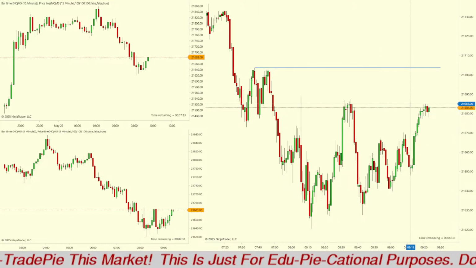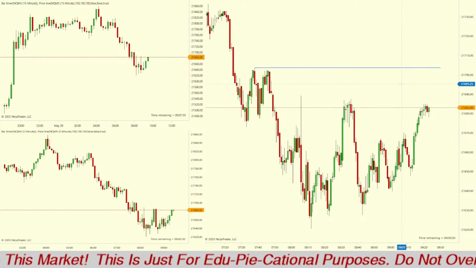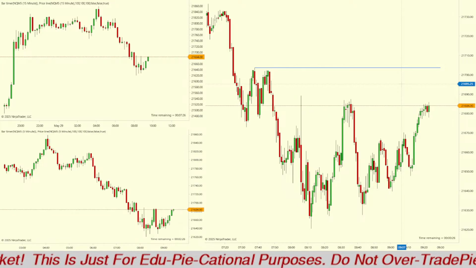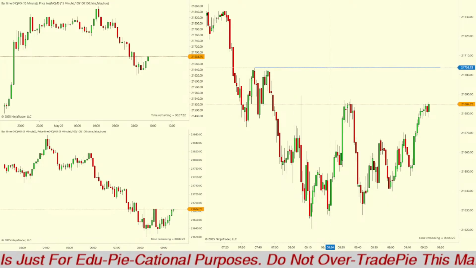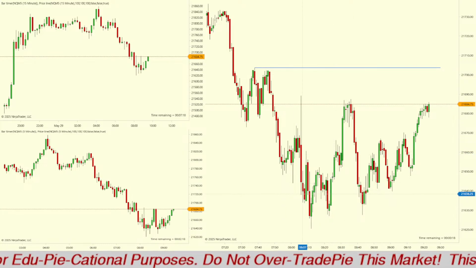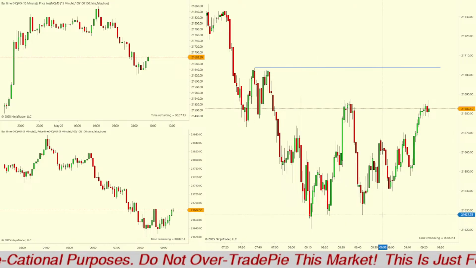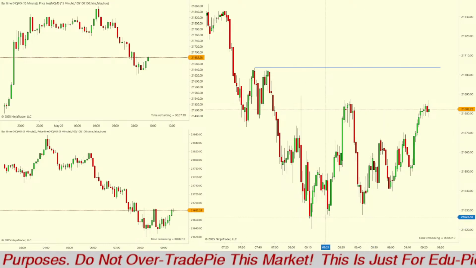As you can see in the blue line, this is our buy side liquidity, and I'm very interested to see that high taken. If this high is taken before the opening bell, after that I will keep my attention towards this sell side liquidity resting over here.